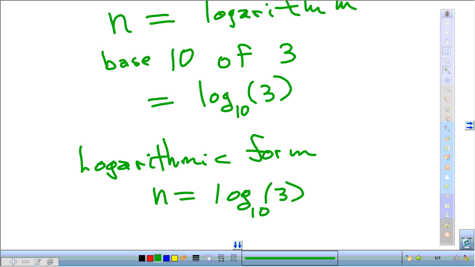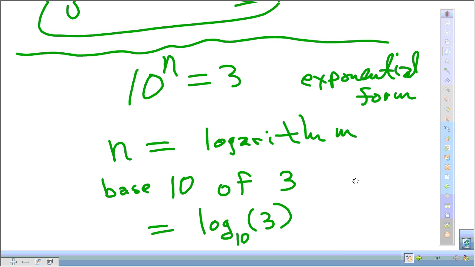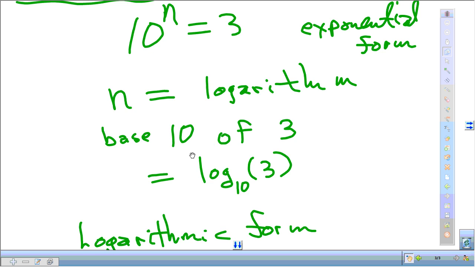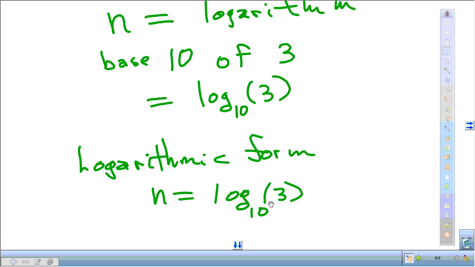So they give the same n. One is explicitly defined. Here's the exponent. The other one is in exponential form. Well, there is an n that does this, but what is it? The answer is, now we have notation for that, log base 10 of 3.